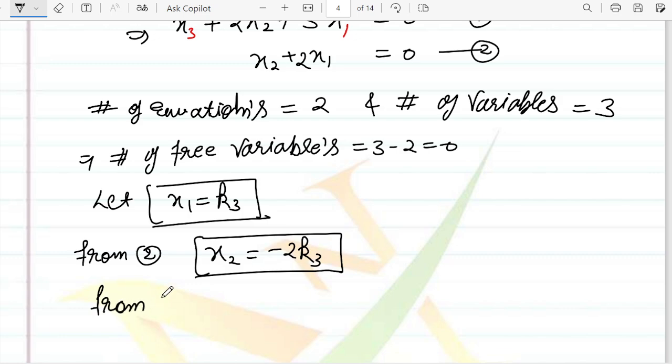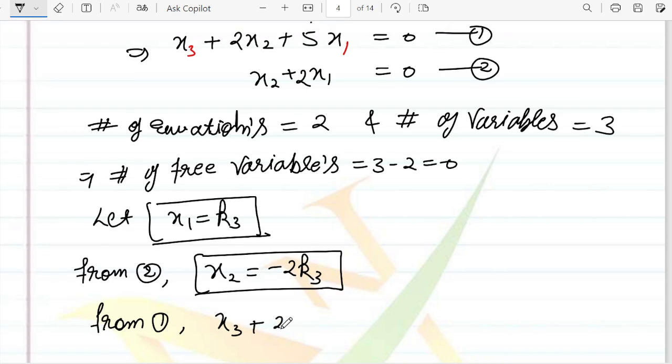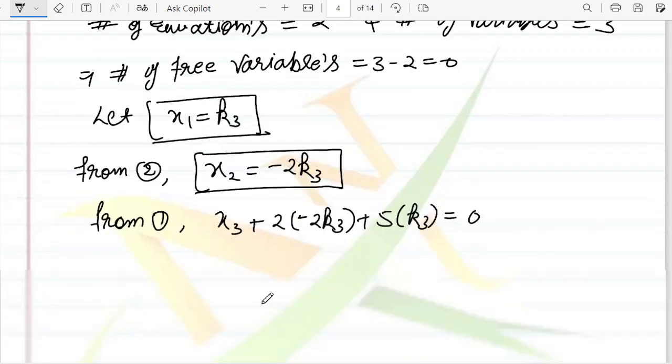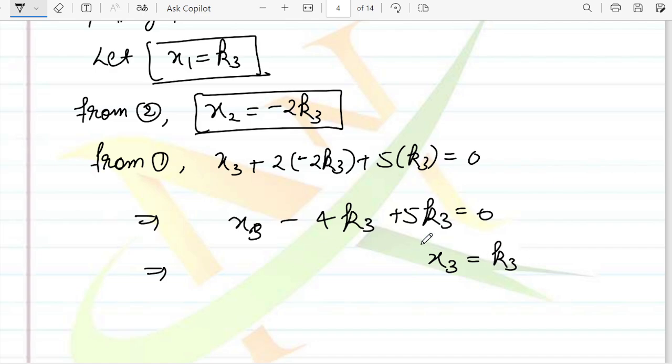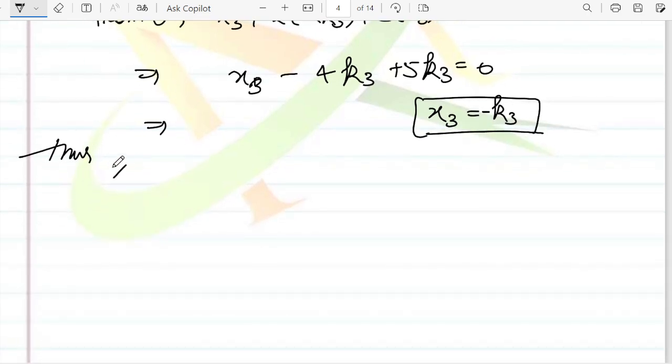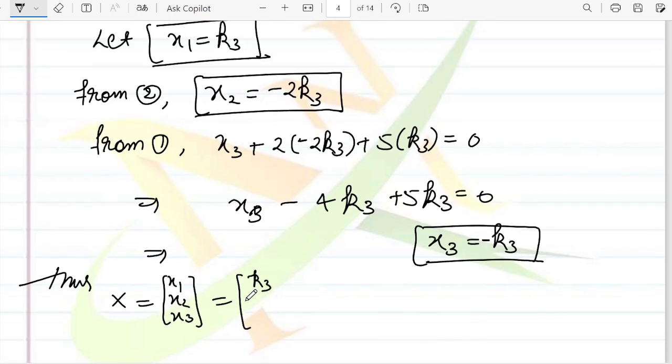now from equation number first, तो first क्या कहता है भाई x3 minus 2x2 that is 2 into minus 2 into k3 plus 5 into k3, right, यहाँ वो कितना बन गया x3 minus 4 k3 plus 5 into k3 is equal to 0, that is x3 is equal to k3, right, with negative sign, plus x is equal to x1, x2 and x3 is equal to what is x1? x1 is k3, that is x2 minus 2 of k3, that is minus of k3.